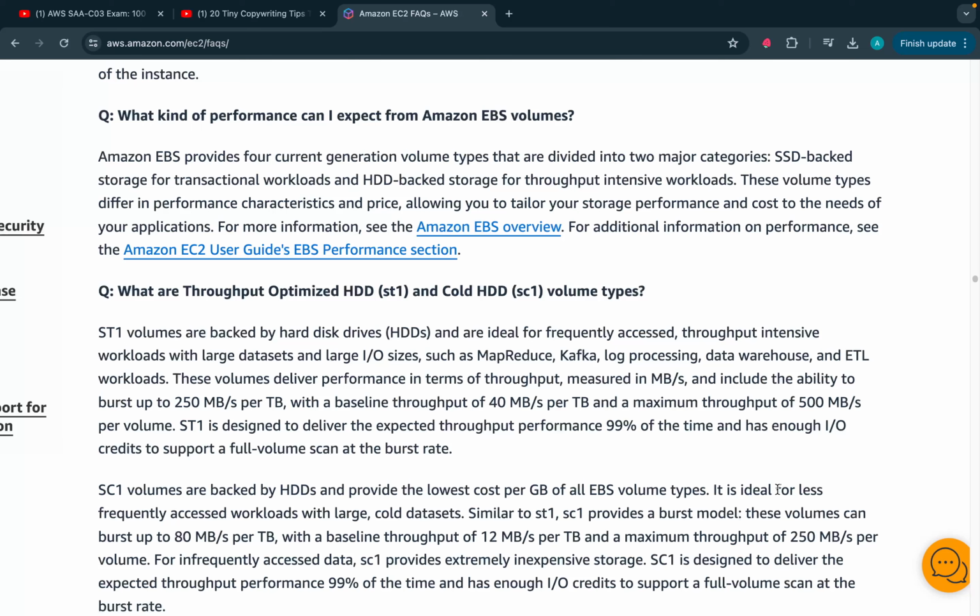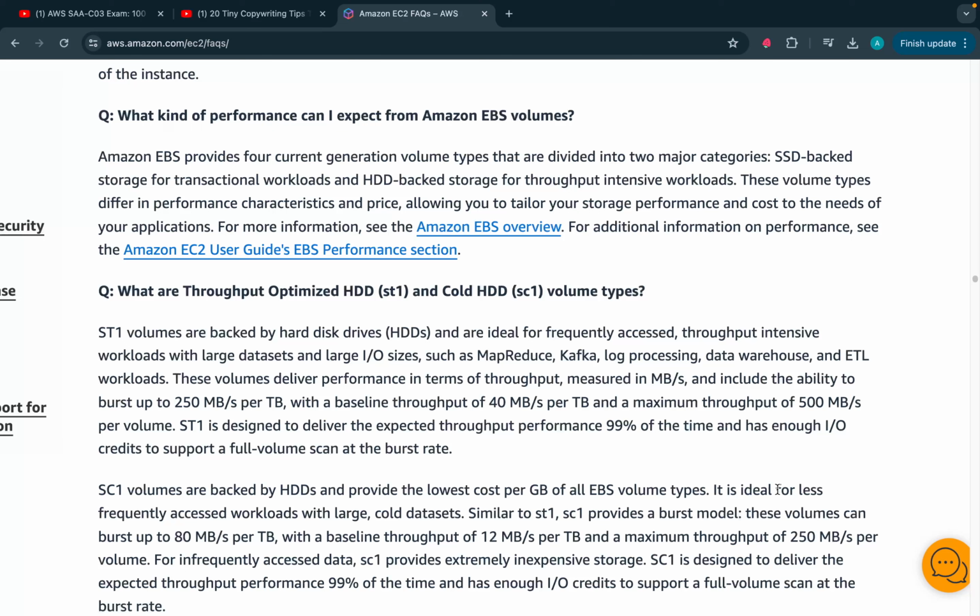These volumes deliver performance in terms of throughput measured in MBs and include the ability to burst up to 250 MB per TB with a baseline throughput of 40 MB per TB and a maximum throughput of 500 MBs per volume.